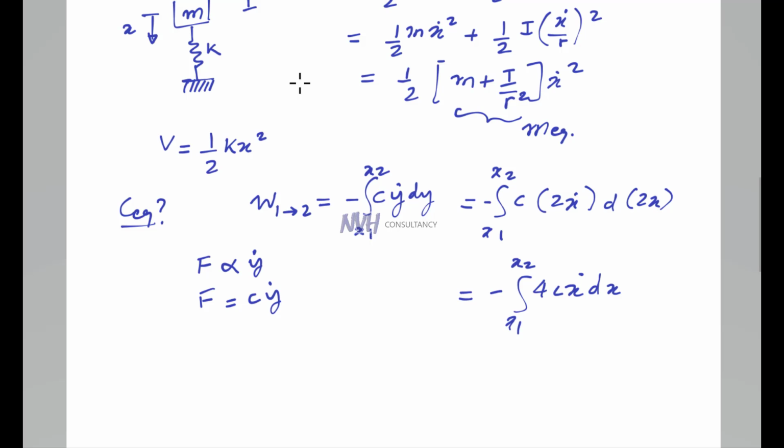So this is the final equation for work done from 1 to 2, and this portion over here will give us the equivalent damping. So you have got the equivalent mass, the equivalent stiffness, and the equivalent damping. So this is the solution for the problem. Thank you.